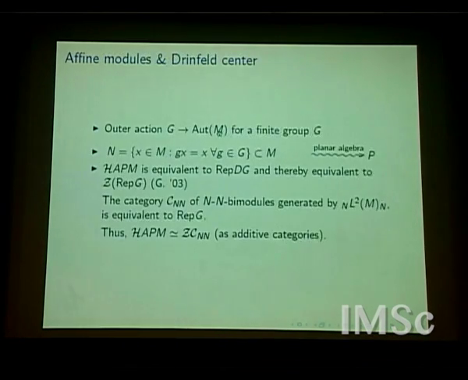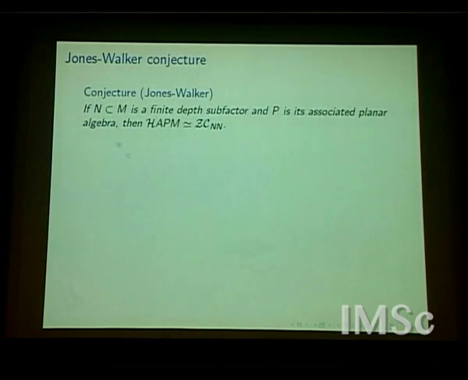That NN bimodule category which I talked about can be defined for any subfactor. And what does finite depth mean? Finite depth means that the number of irreducible NN bimodules is finite, up to NN bimodule isomorphism.